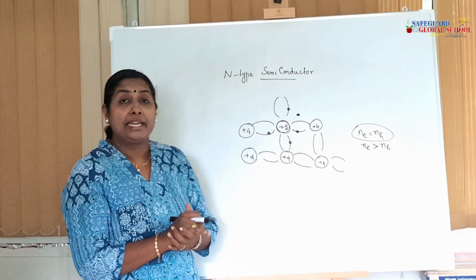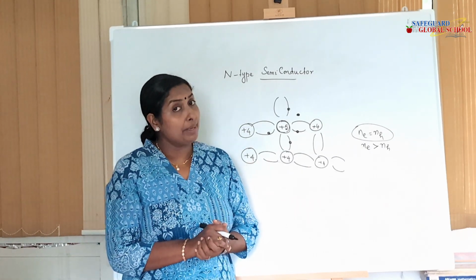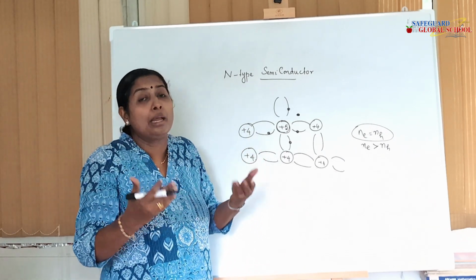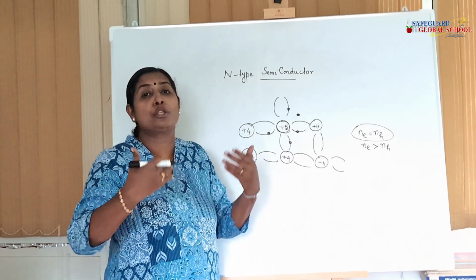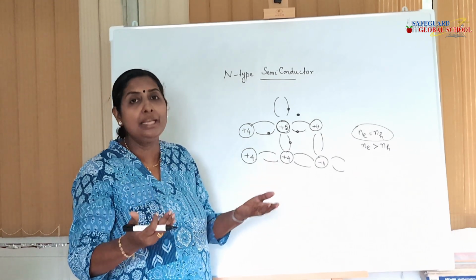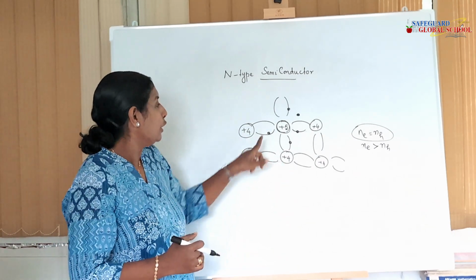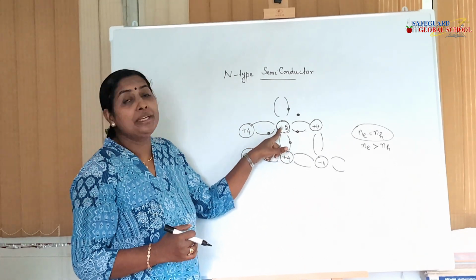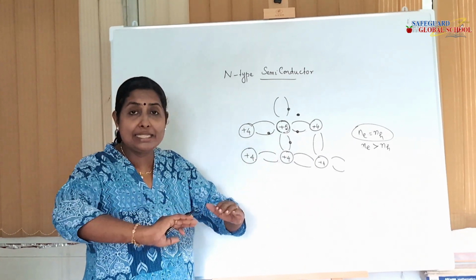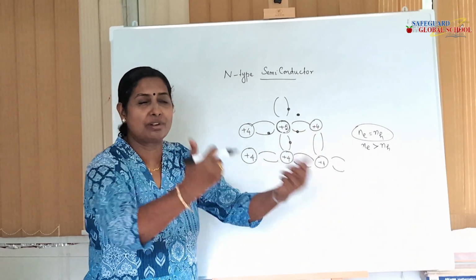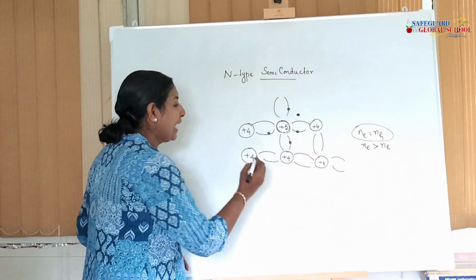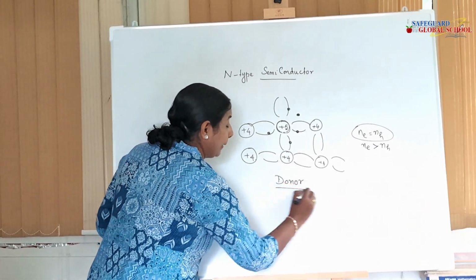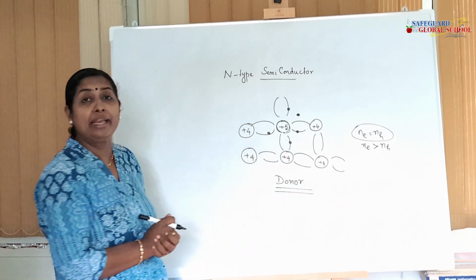So once again, an N-type semiconductor is a semiconductor in which the number of electrons is greater than the number of holes, or electrons are the majority carriers and holes are the minority carriers. What is the name given to this pentavalent atom? It is donating an electron to the crystal structure. So the pentavalent impurity is called a donor.